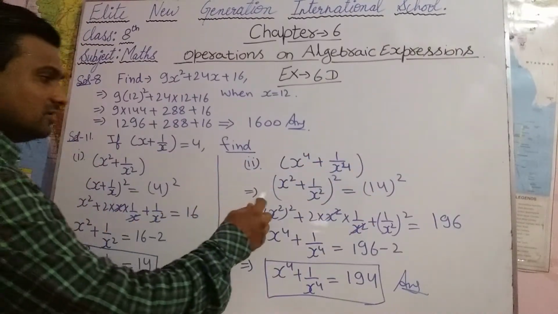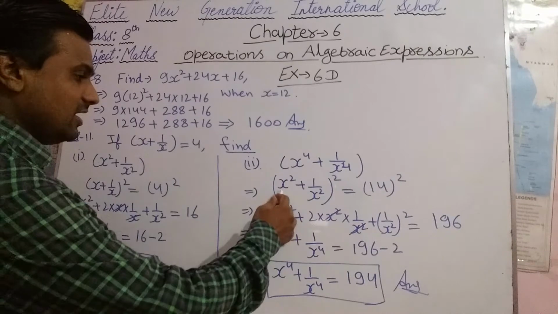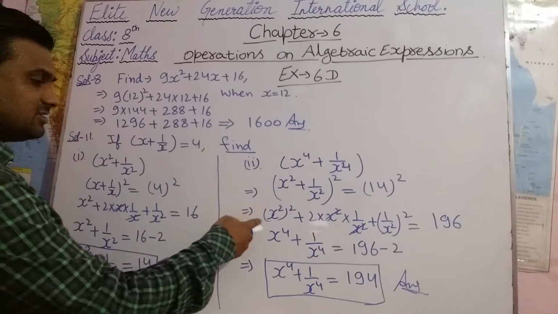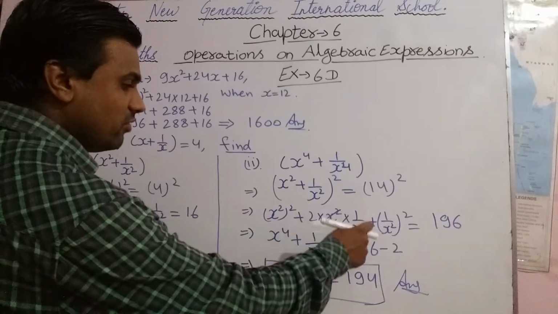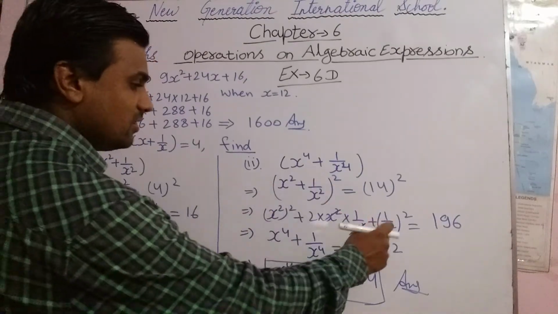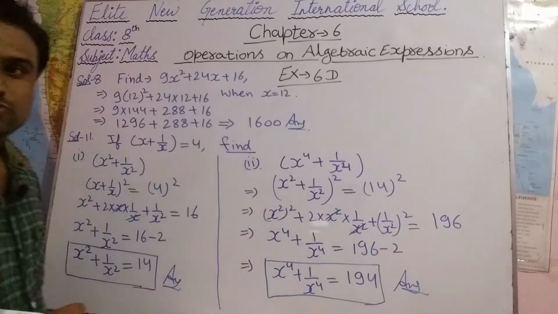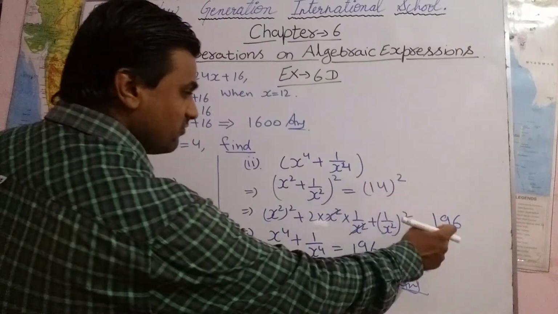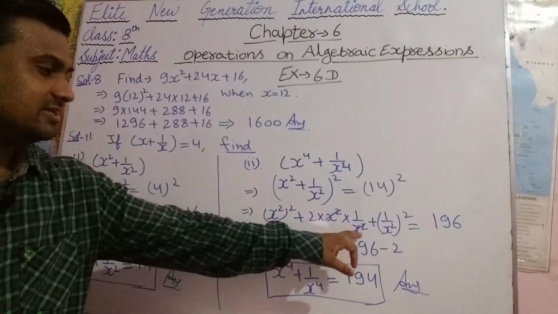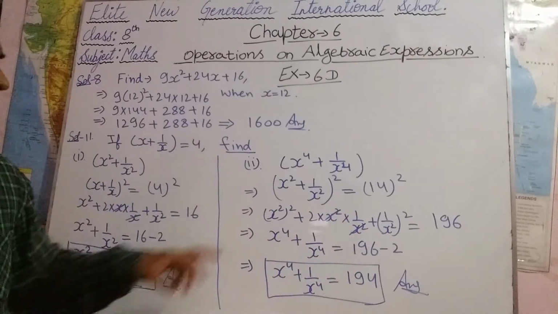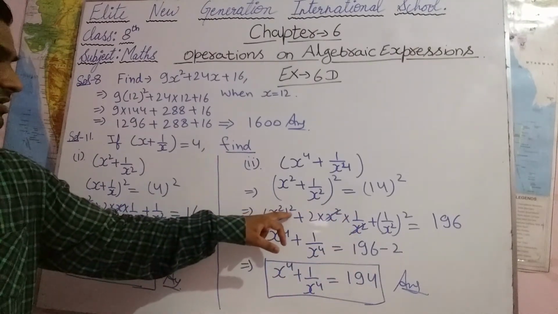So by expanding it with the formula (a + b) whole square, it will become (x square) whole square plus 2 into x square into 1/x square plus (1/x square) whole square equals 14 square, which will be 196.